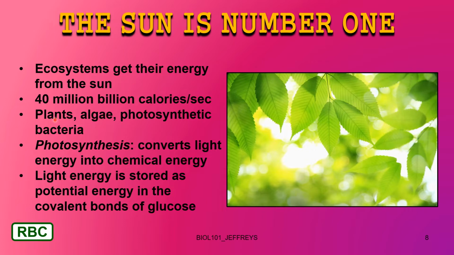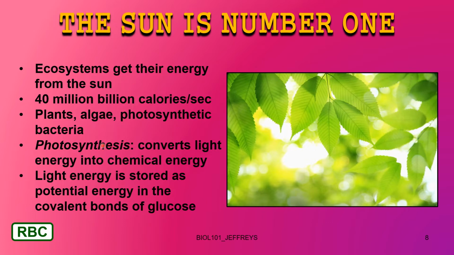Now, plants and algae and some bacteria conduct photosynthesis, and I think you're familiar with that term from 10th grade biology or 7th grade life science. Photosynthesis is where light is absorbed from the sun and turned into chemical energy.